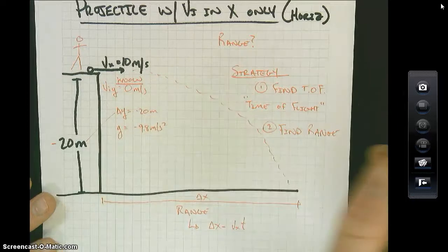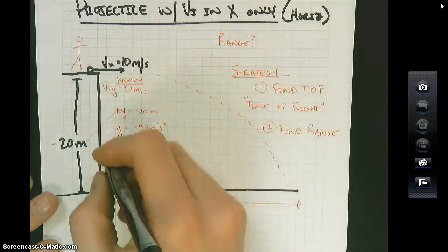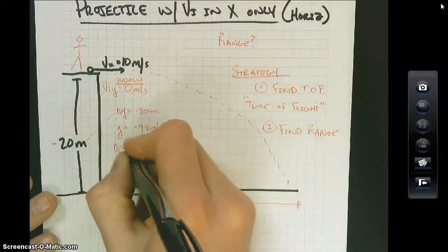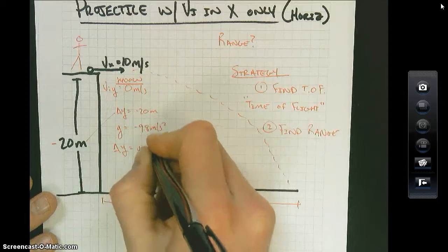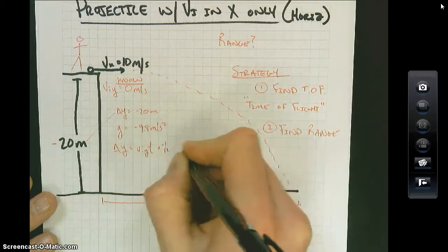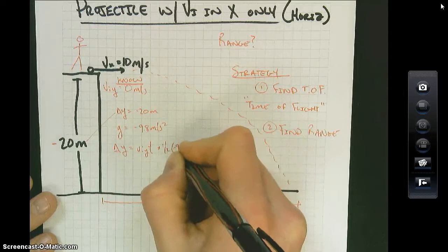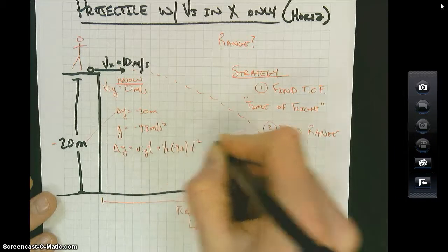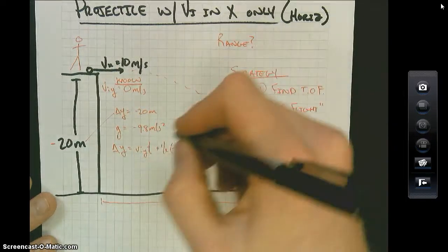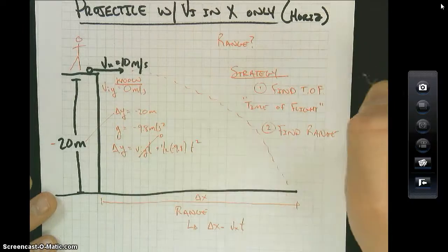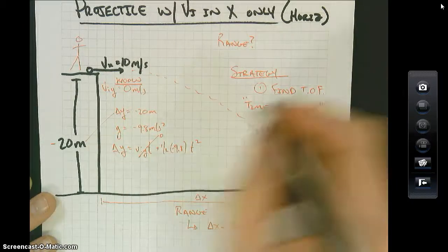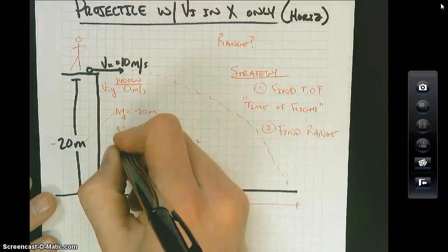So if I want to figure out what the time of flight is, I'm going to use this equation. My delta y is equal to vi y t plus 1/2 negative 9.8 t squared. We know that this is 0 because our vi in the y is 0. We know that this is negative 20.